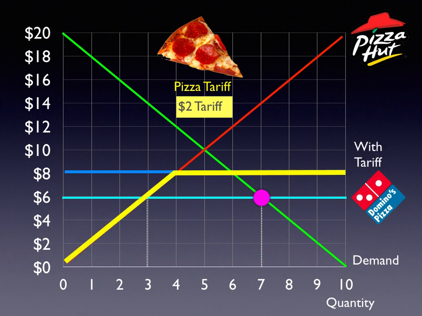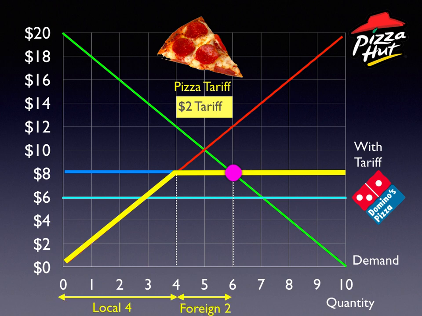We'd get the new overall supply curve, and our equilibrium would be at 6 units. And that would be divided up between 4 from the local provider and 2 from the foreign provider.